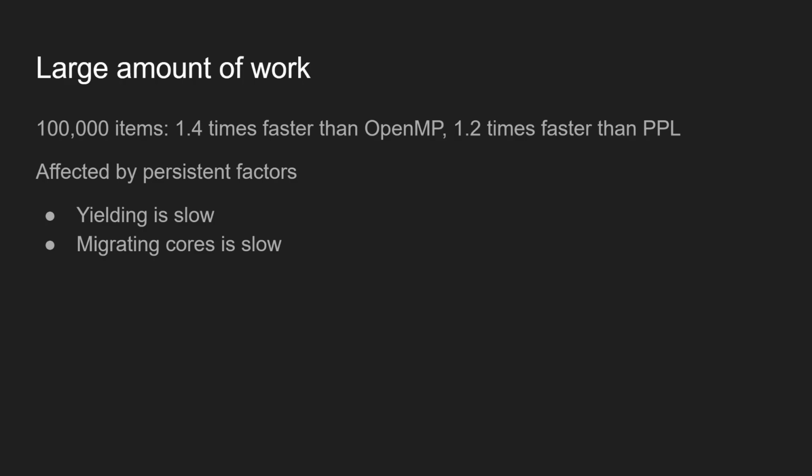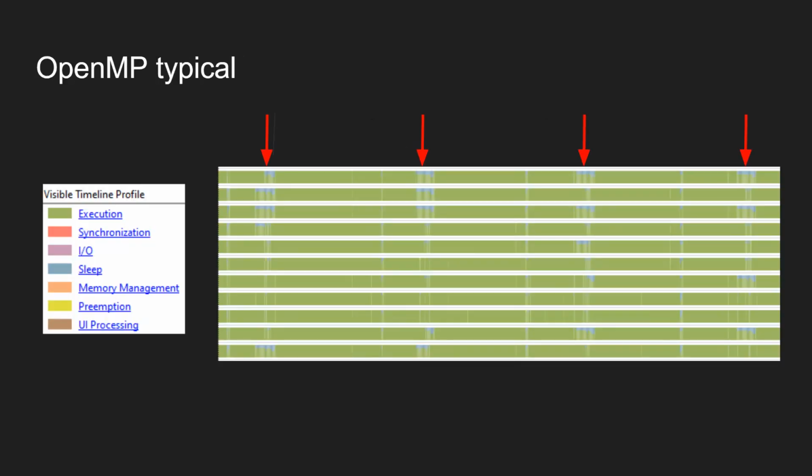Here, the overhead is determined by things other than the starting and stopping overheads, but rather some sort of persistent factor. In both OpenMP and PPL, when I look at a profile, I see that threads are spending time in sleeping or yielding.